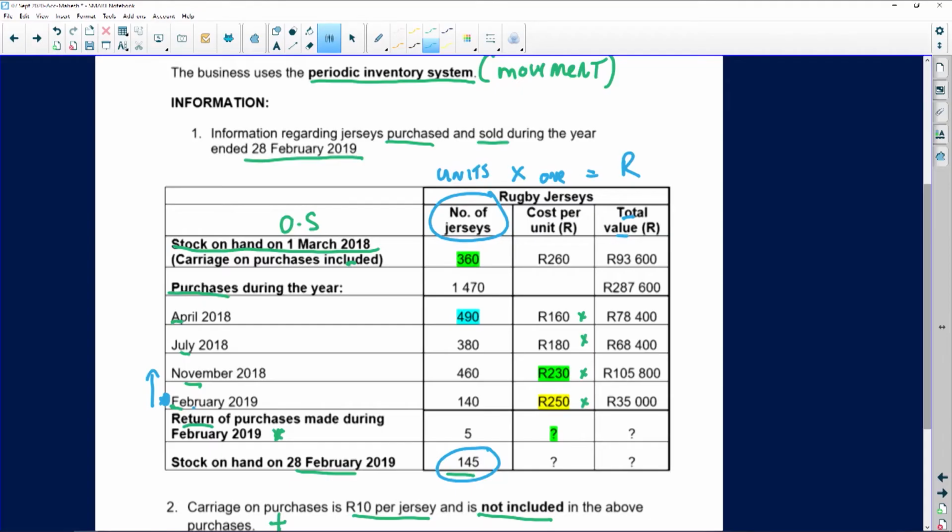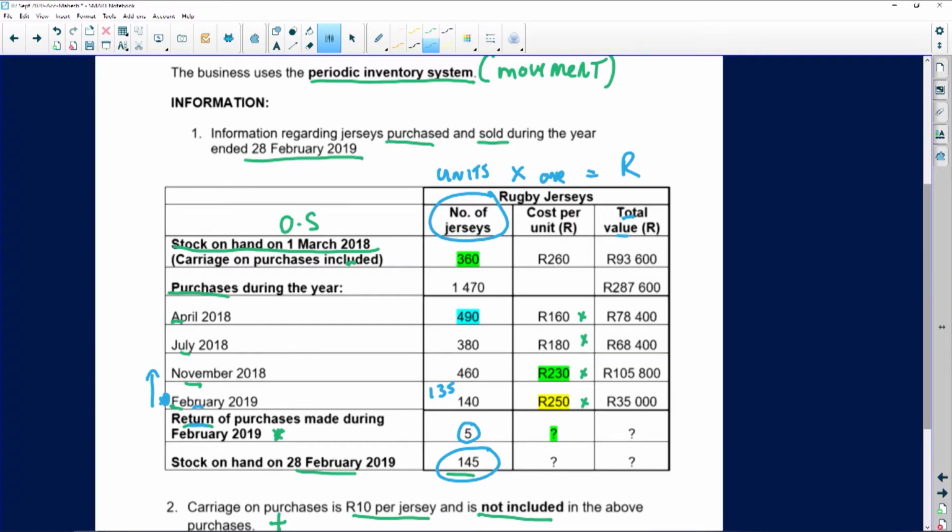If you look at the month of February, the number of jerseys bought were 140. However, in February, we also returned purchases made during February. Jerseys were returned, and we returned 5 jerseys. So in other words, February is sitting at 135: 140 that we originally purchased minus the 5 that we returned.